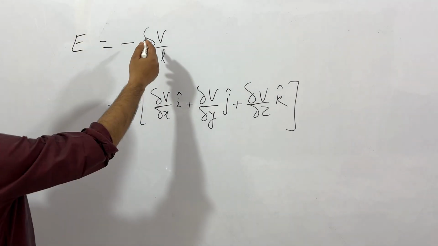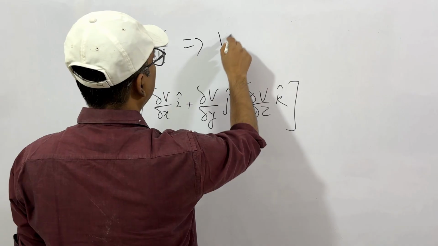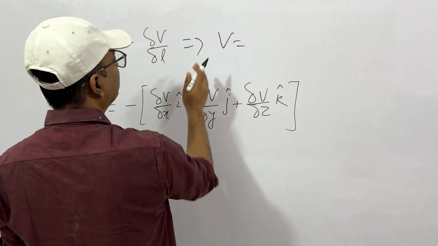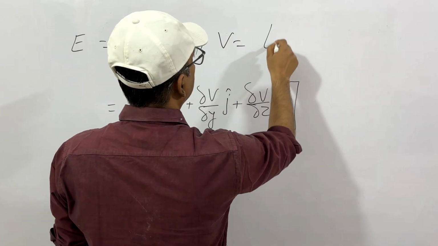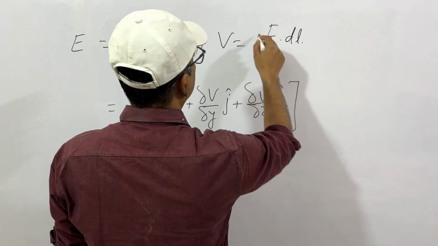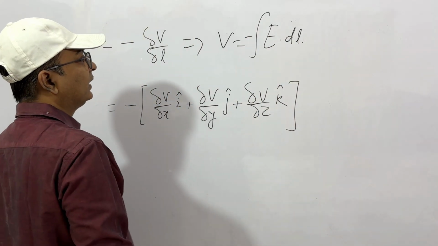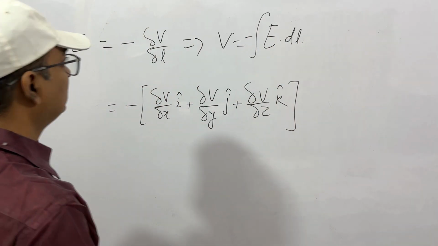And from here you can write V. V, that is the potential difference between two points, is minus the integral of E dl, which you can write this way.